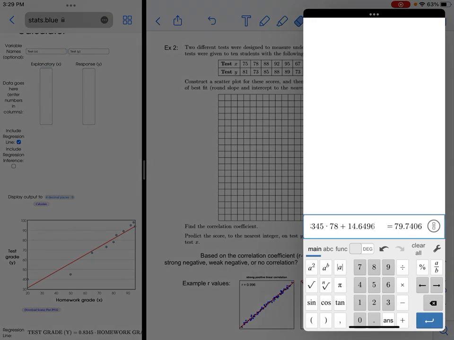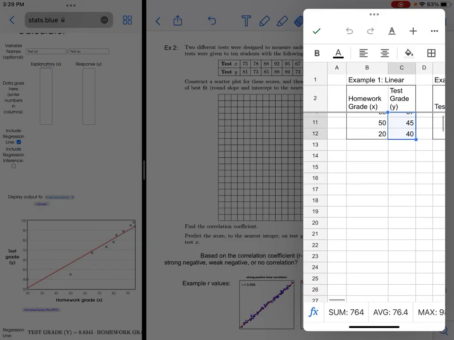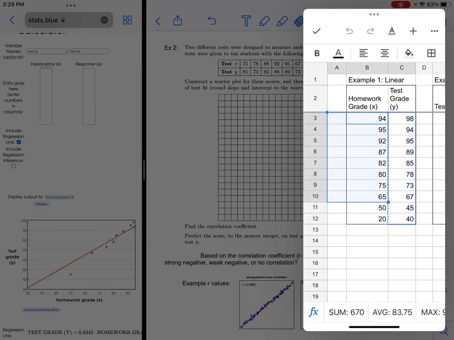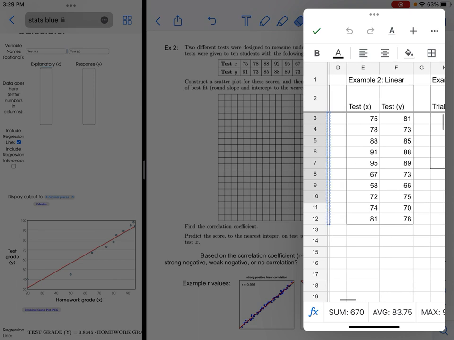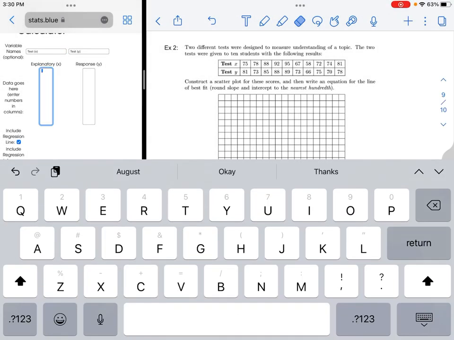So let's see. We need to now use the second information. So this is test X and Y. Let's do the other one.